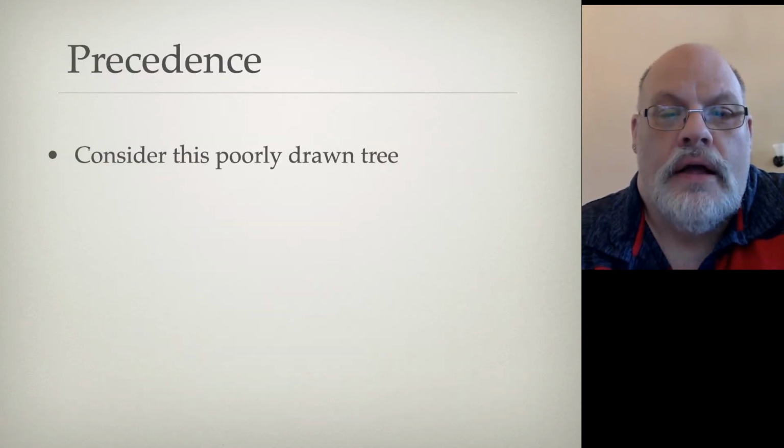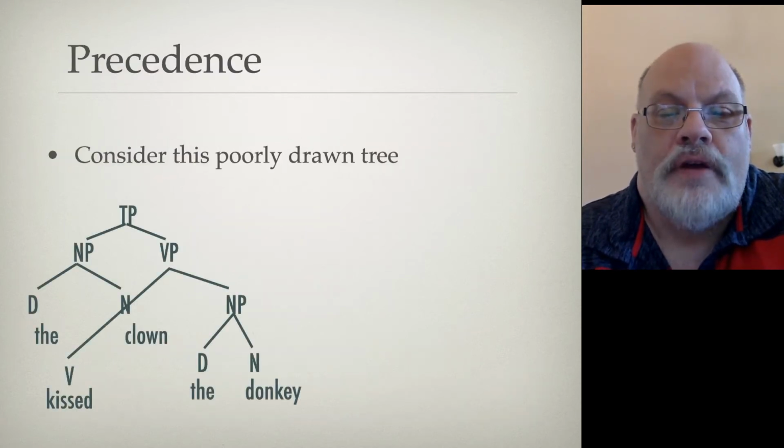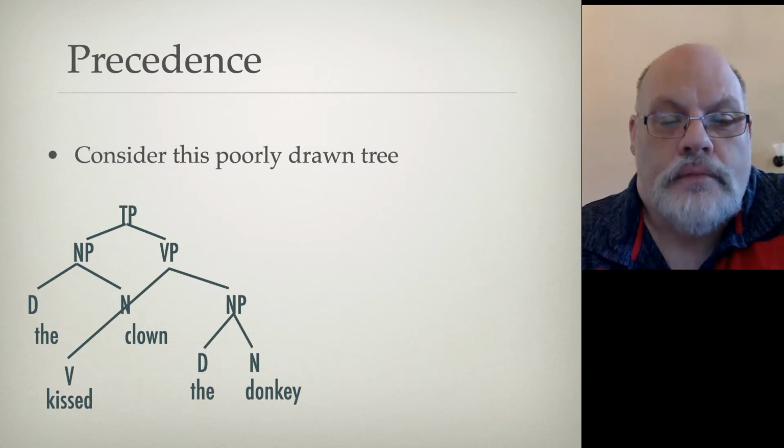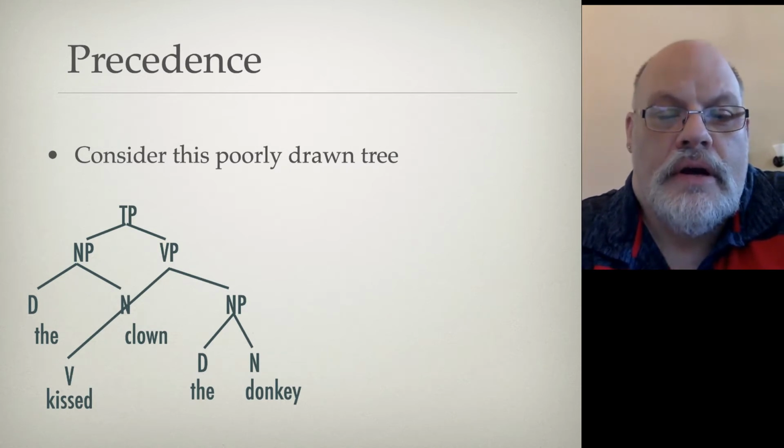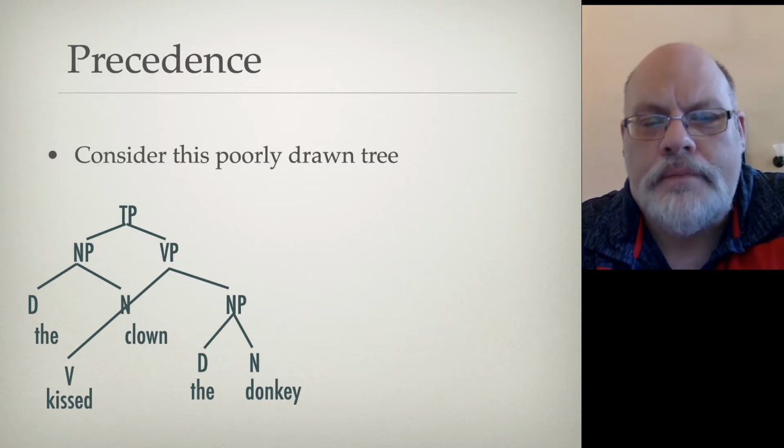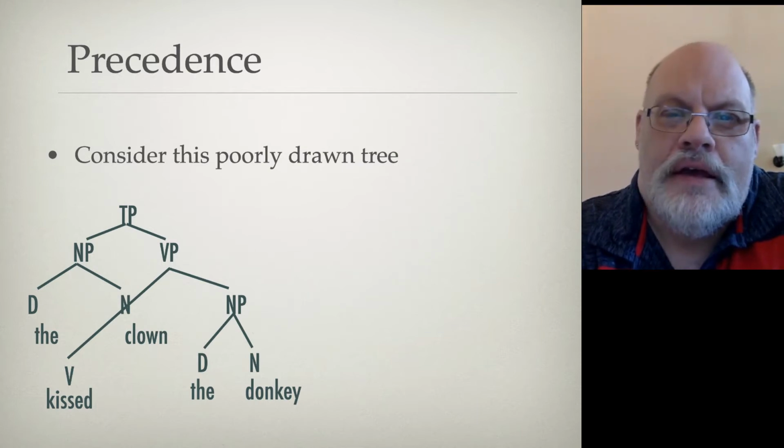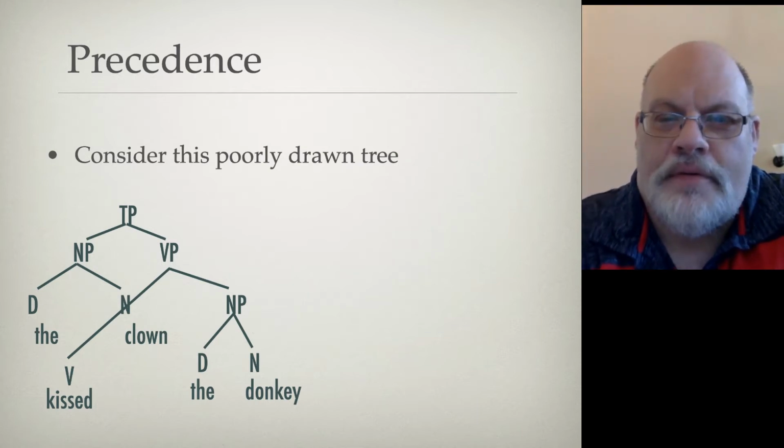So consider this poorly drawn tree here. Now here, the verb kiss is drawn to the left of the noun clown. And by the definition I gave you earlier, if it appears to the left of something, then it precedes it.